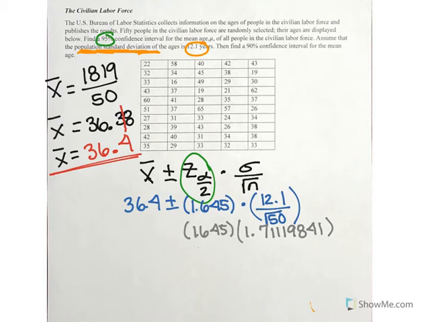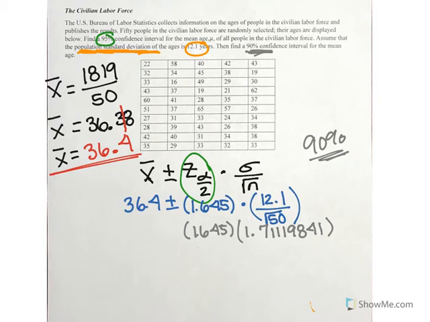And like I said, this changes because now we are doing 90%. Okay? We're doing this one, the 90%. So it's in my calculator, times 1.645.